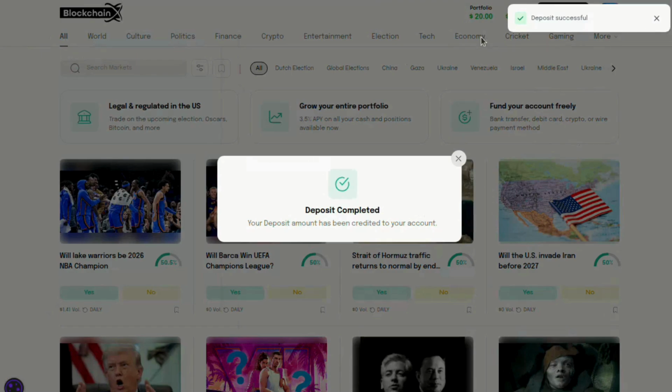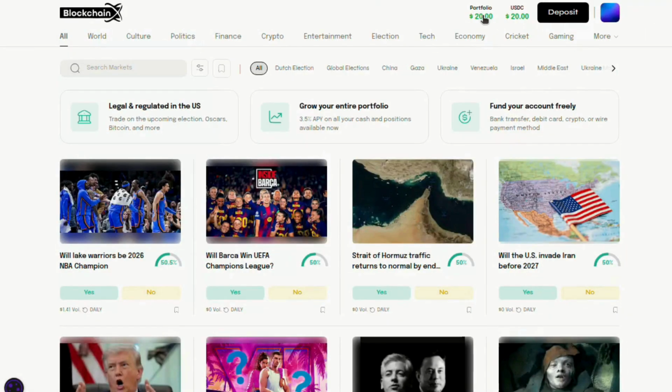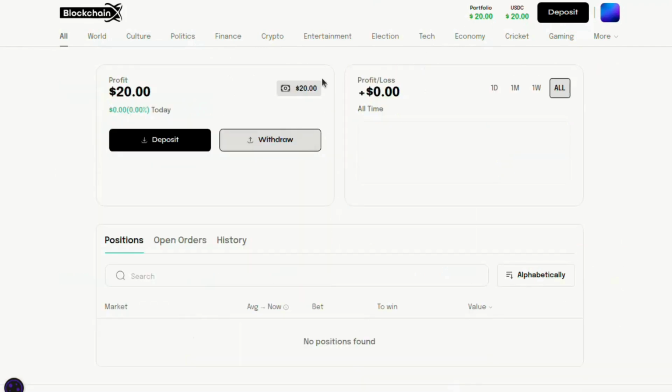After a successful deposit, the user's portfolio balance is updated with the deposited amount.